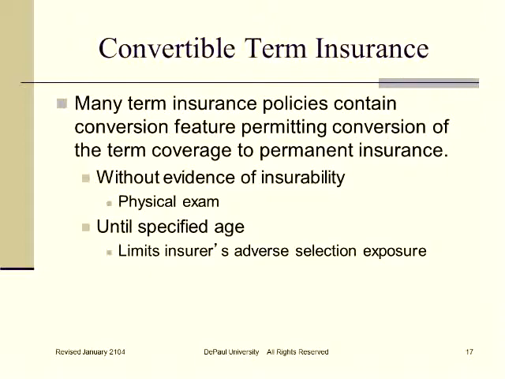Now, convertible term, you want to get a term contract that is convertible to some other form of permanent life insurance when Jack and or Jill want to convert without evidence of insurability. The key is without evidence of insurability. Now, this isn't rocket science.